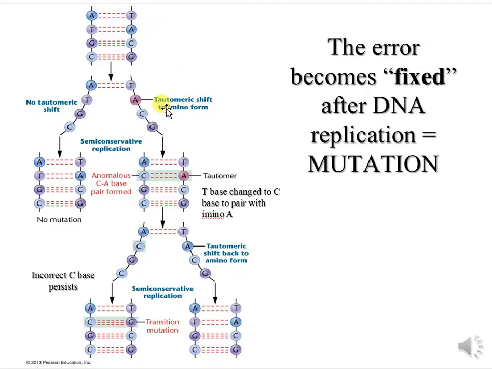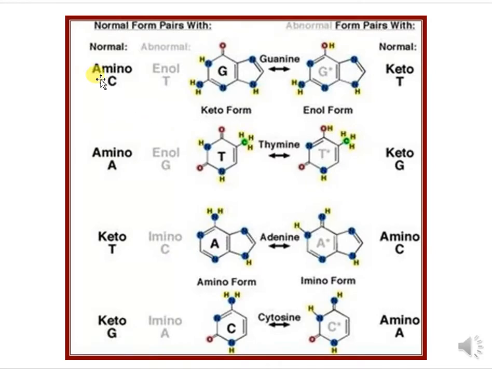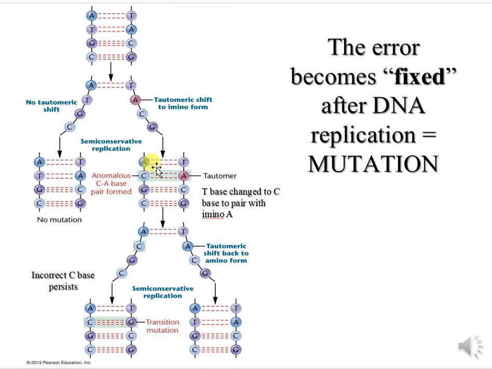So it does a tautomeric shift into the imino form, right? So now it's no longer your regular amino A, right? Amino A is the normal form, your normal adenine. It is now your abnormal A, the imino form. So it's done this little shift, and as a result, it's now a tautomer.